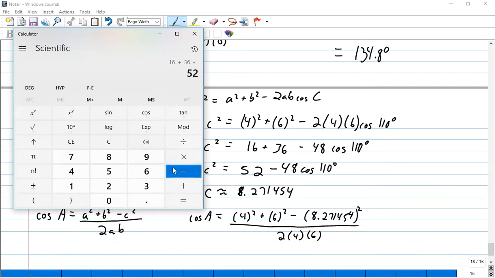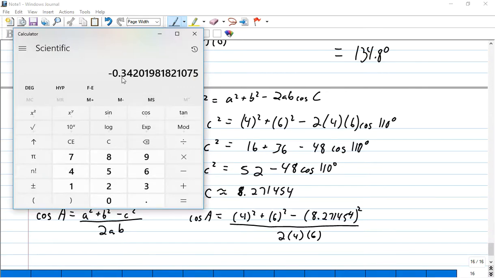I'm going to say minus, and now I have to square this, so minus 8.271454 squared equals, and then I'm going to divide this by 2 times 4 times 6, that's 8 times 6 or 48.